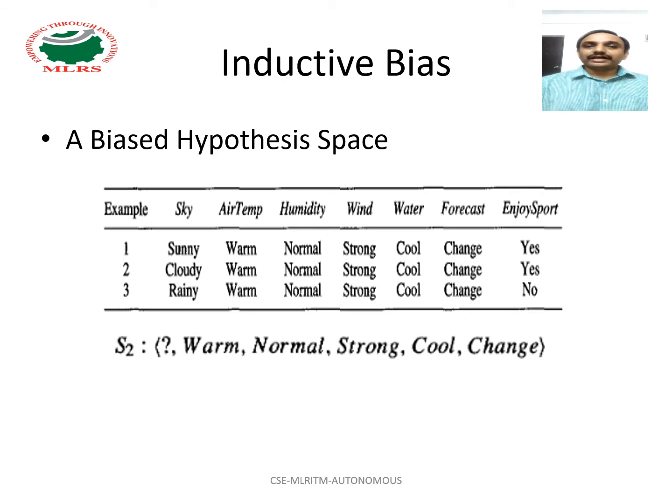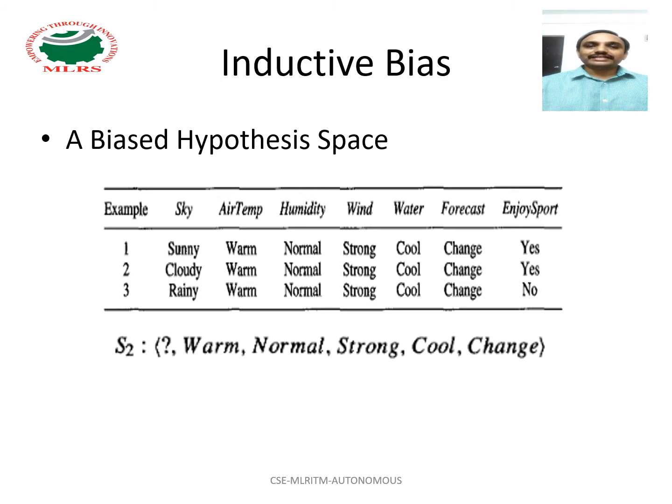To get the hypothesis, S1 is sunny, warm, normal, strong, cool, change, and S2 is cloudy with the same remaining values. That is also a positive example, and in that case only the sky value changes and all remaining attribute values stay the same.